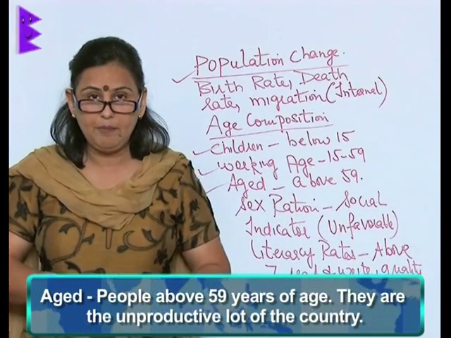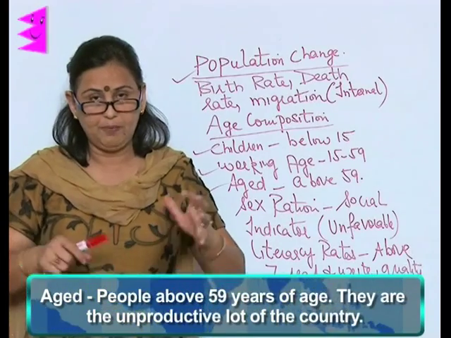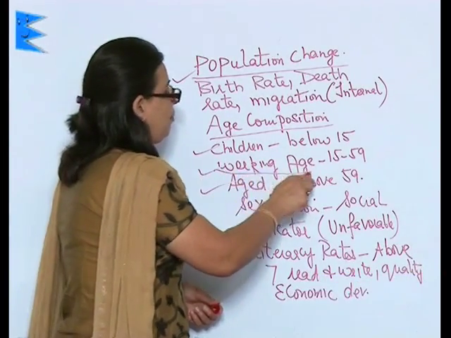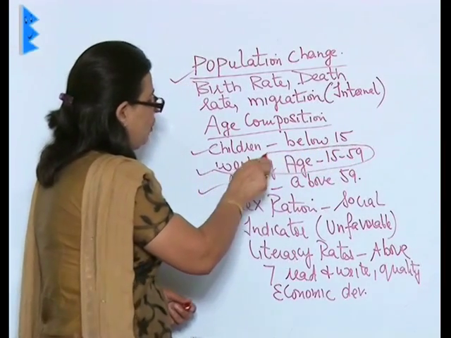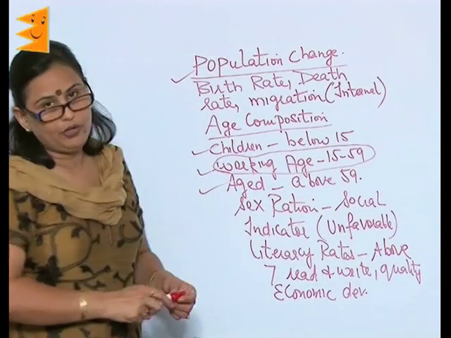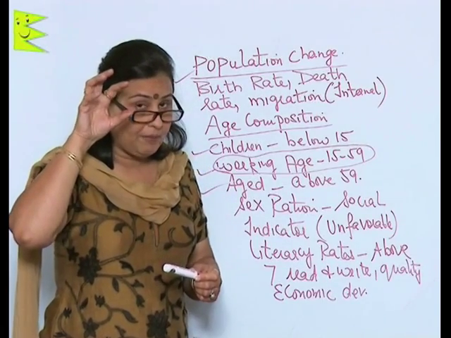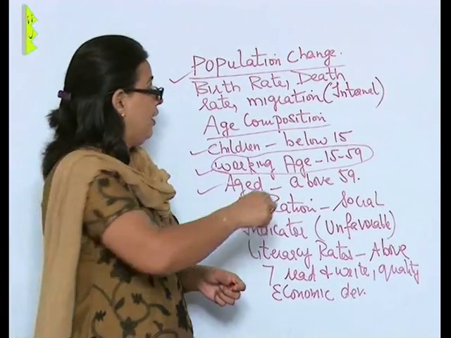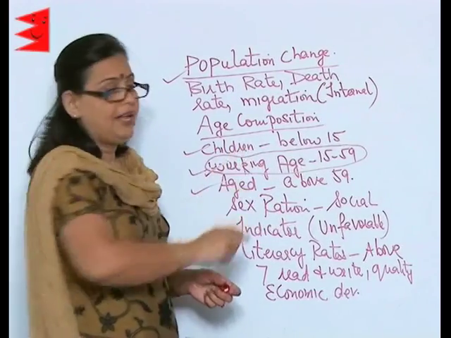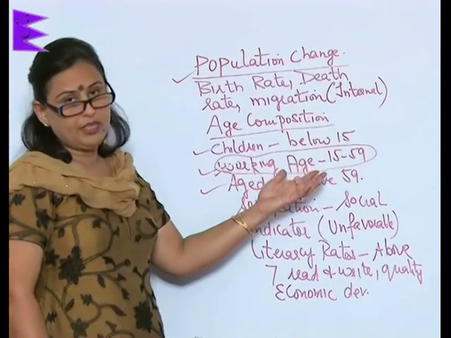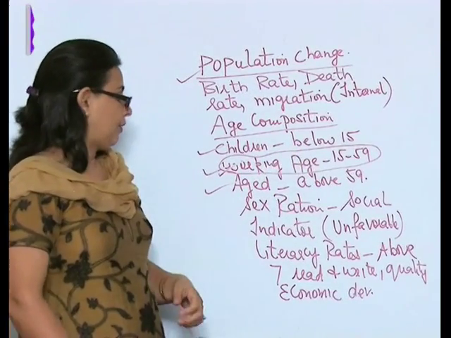Again, the unproductive lot of the population. So it is just the working age which is the productive lot of the country. When you have to focus on the economic development of the country, you will have to understand the number of people in this particular group.